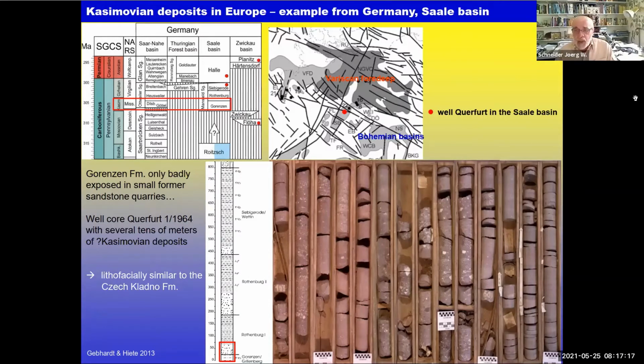The red spot marks the well Querfurt from 1964, a beautiful drilling core, lithofacially very similar to what we have seen in the Czech Kladno Formation: coarse clastic fan deposits in red bed facies, floodplain deposits which pass over to the gray facies of the basin center with coals and lacustrine black shales. Next.